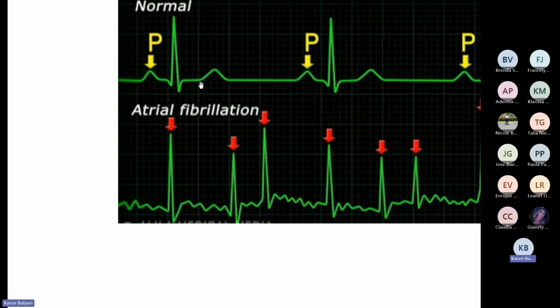Where have you heard about ST segments? There's a very particular condition in cardio where the ST segment is very important to diagnose. Myocardial infarction. Very good.